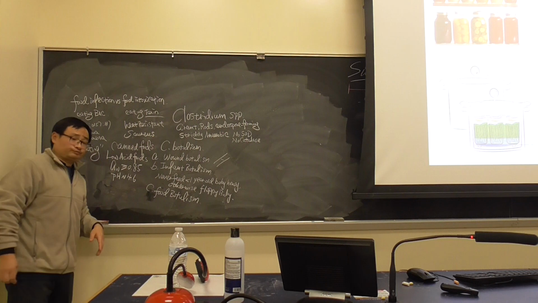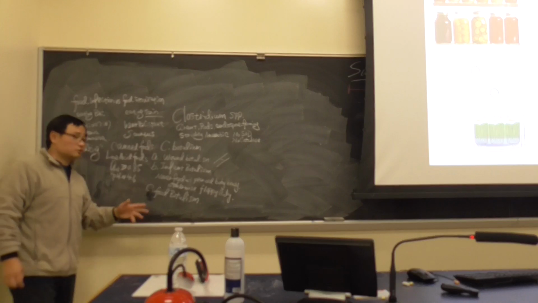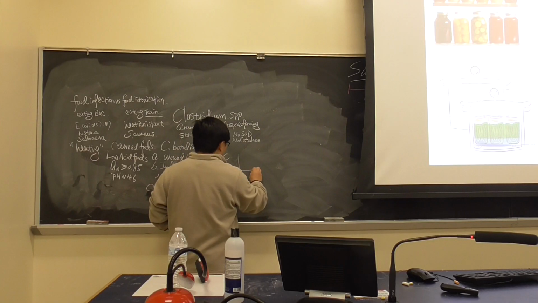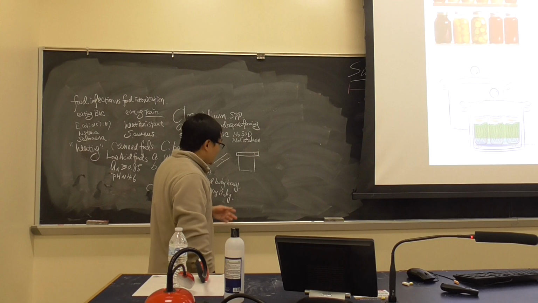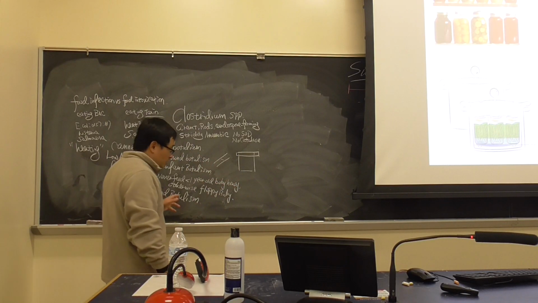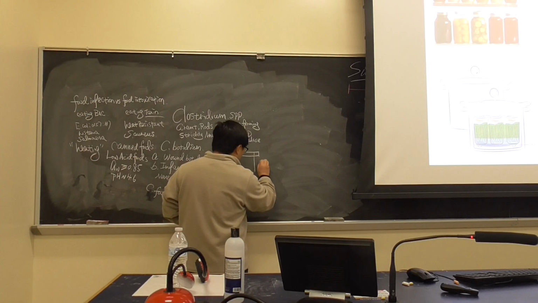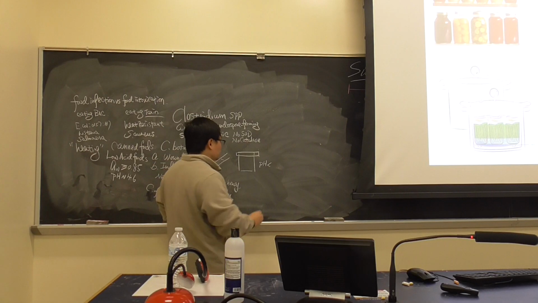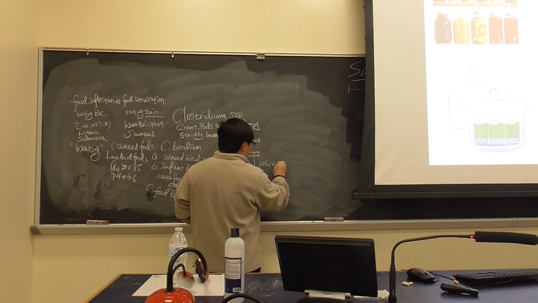So there are several things you can do. In canned food, you could add some ingredients to decrease the pH. For example, in West Virginia, the regulation set by the Department of Agriculture is pH less than 4.0.